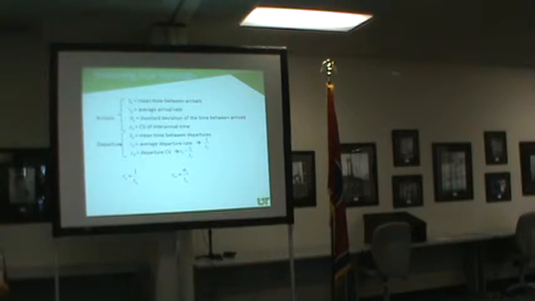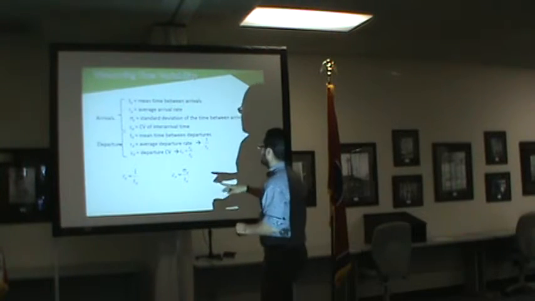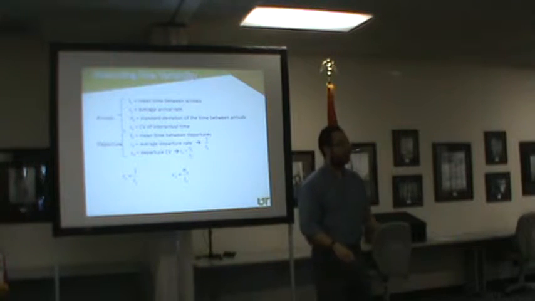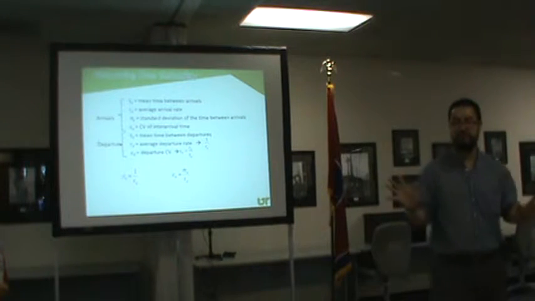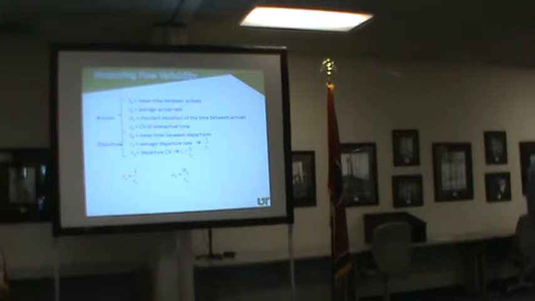Okay, how often did people leave the bank? Then the average departure rate, and then the coefficient of variation. Is that clear so far? Because this is very important to remember. Okay?